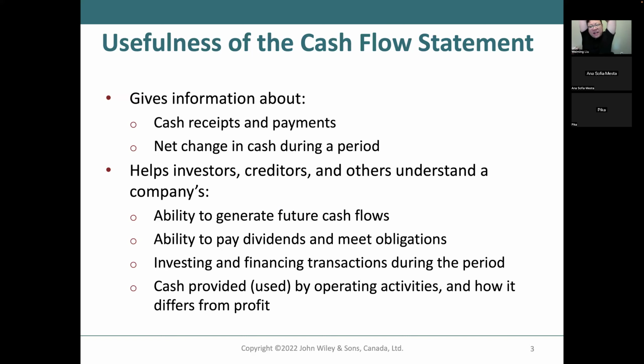Financing activity deals with non-current liability and equity. Financing transactions often are a process of acquiring money.